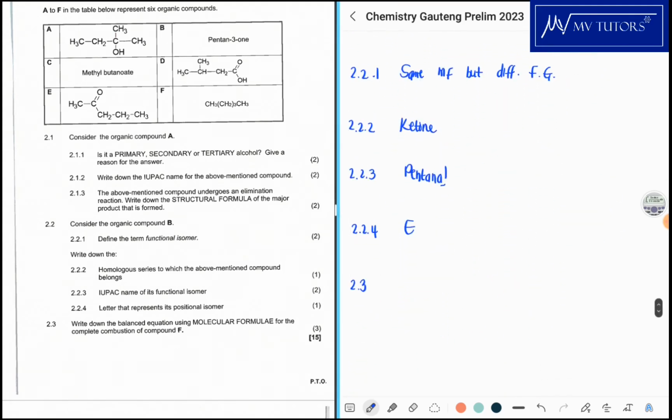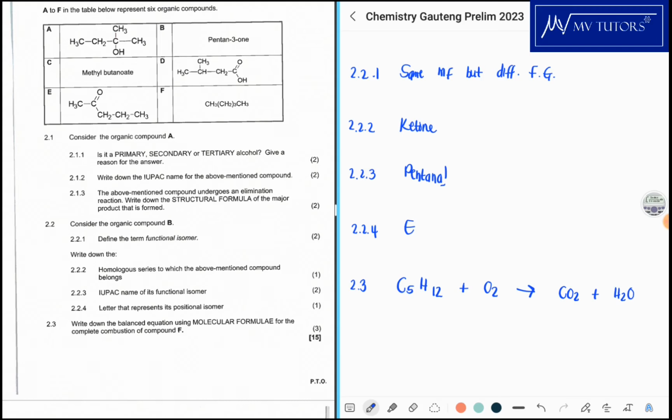The molecular formula for pentane is C5H, and for alkanes we have 2n plus 2, so 2 times 5 is 10, plus 2 is 12. It's complete combustion, so you add oxygen to it. With combustion, you always have carbon dioxide and water as your products.